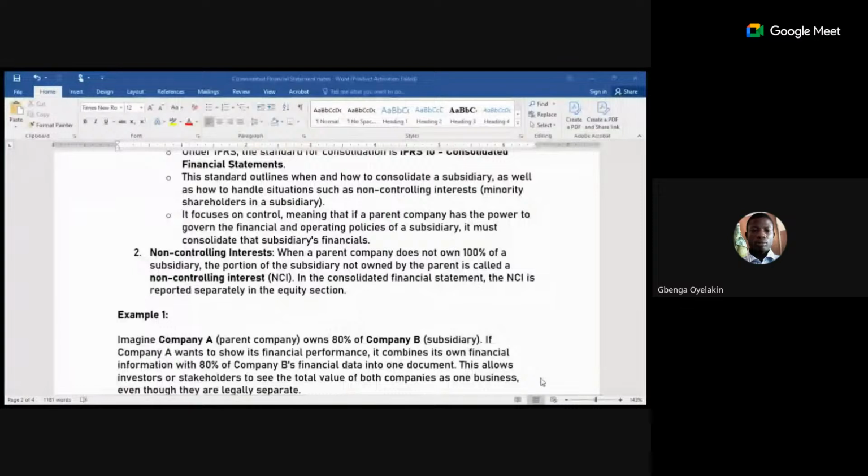And how are we going to know the one that is parent is if the company owns at least 51% of the shares or the ownership of the other company, then it is the parent, while the other one is the subsidiary. And you said the remaining percentage that was left is what we call non-controlling interest, if I got you right. Yes, sir. Yes, you're right.